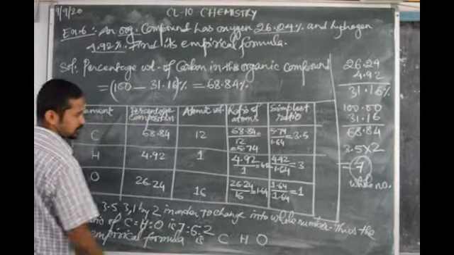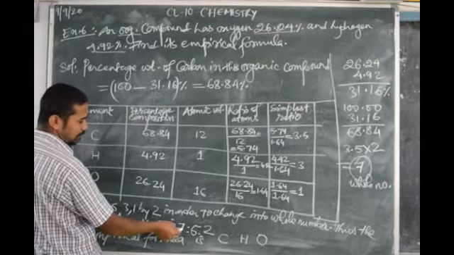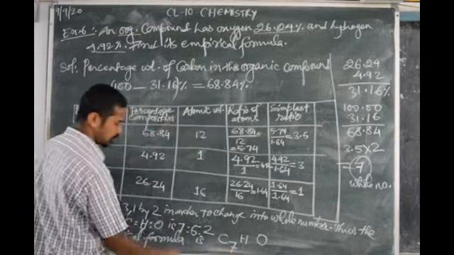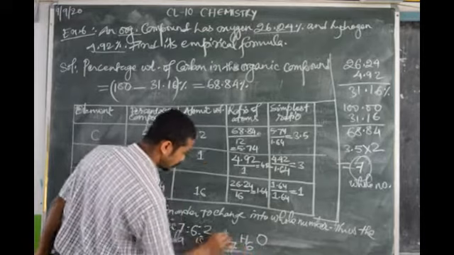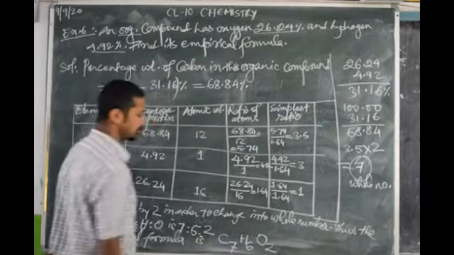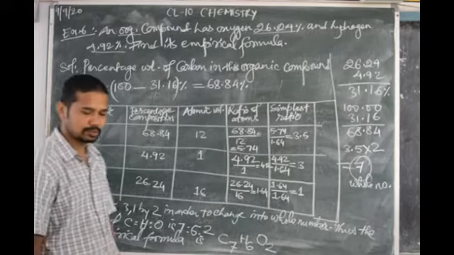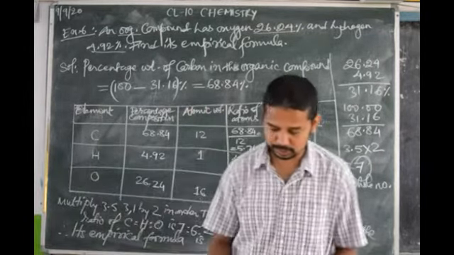What is the simplest ratio of carbon? 7. So write C7, H6, O2. This is the empirical formula: C7H6O2.